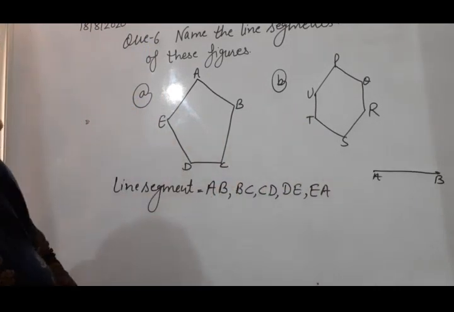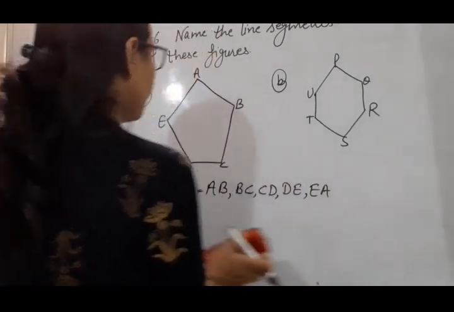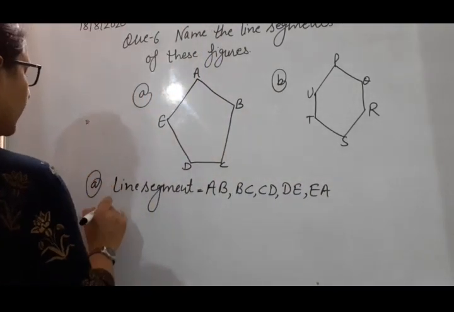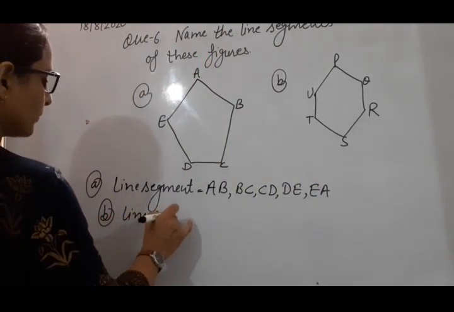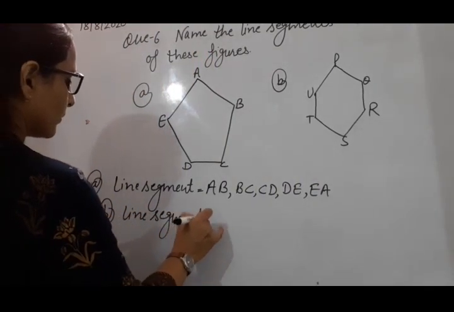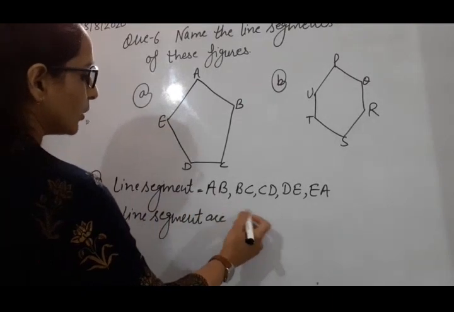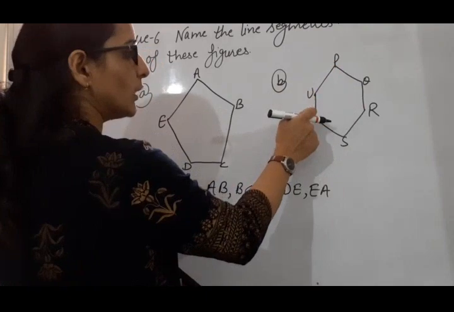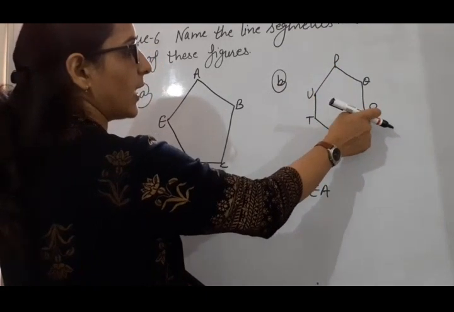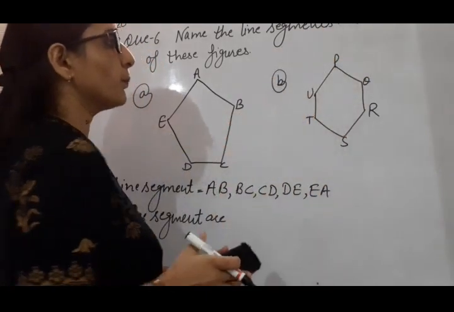Now in part B, you can write: AU, UT, TS, SR, RQ and QP.